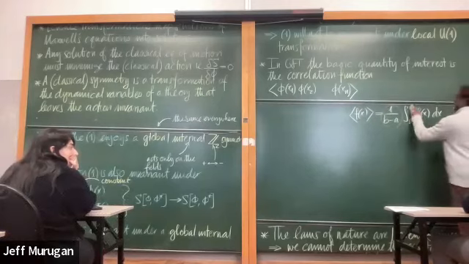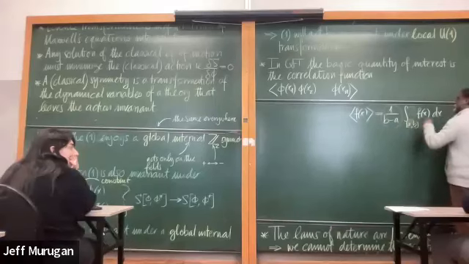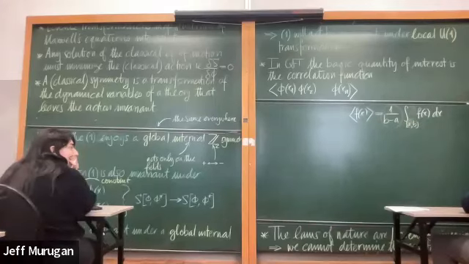Then you integrate over the spatial interval from a to b the thing that you're trying to average, with respect to some measure. I need a measure, I need to do an integral over some interval, and I need to normalize by the volume of that interval.